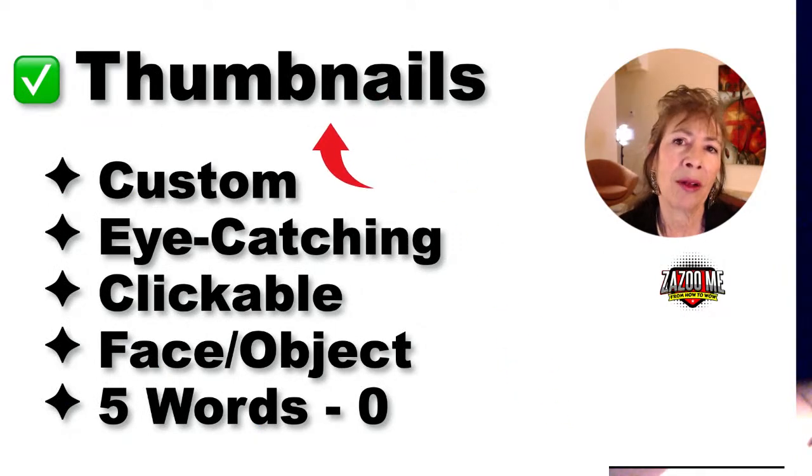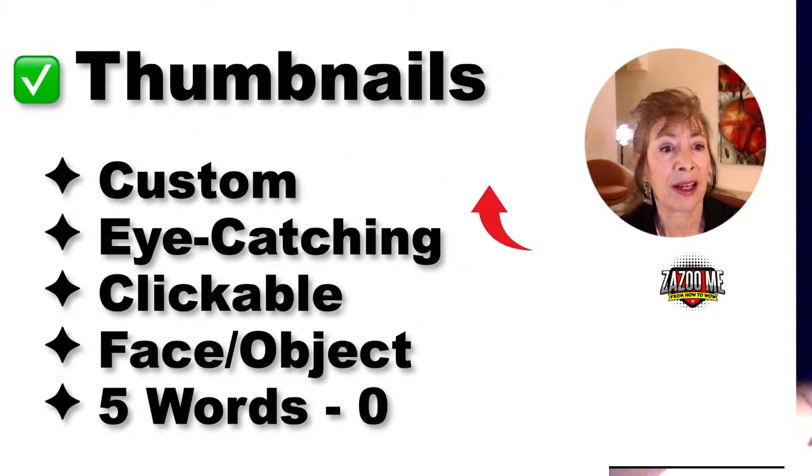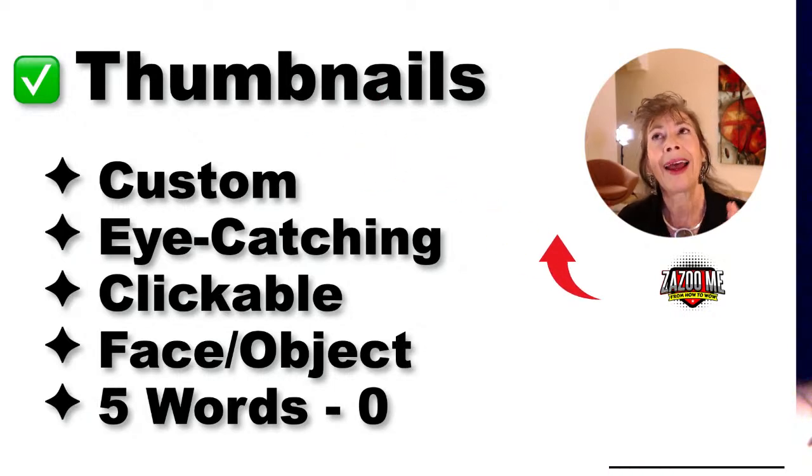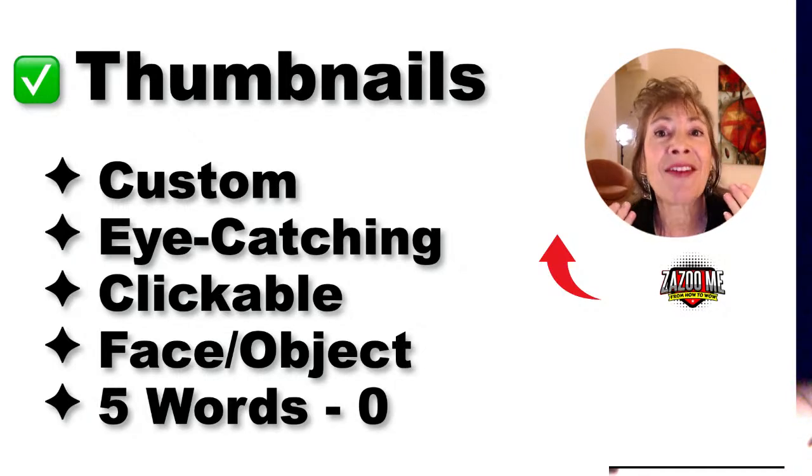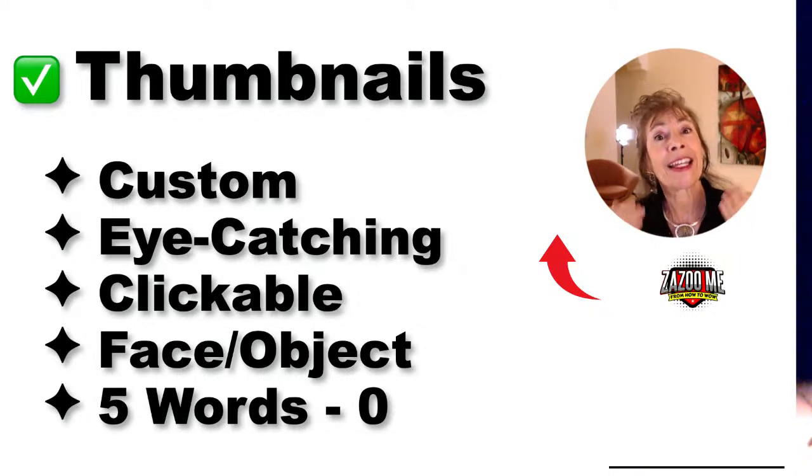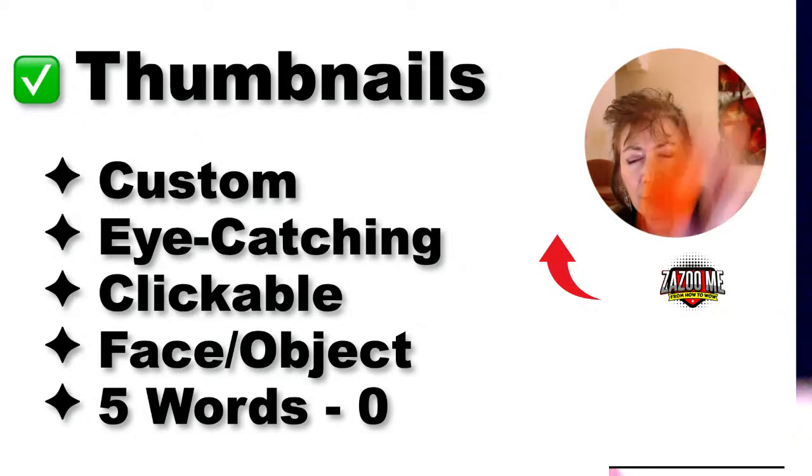Third is, well, the most important thing, your thumbnails. Thumbnails are super important because, number one, they're the main thing that get people to click to your channel. So you want to do a custom thumbnail so it's branded. It's got to be eye-catching. It's got to be clickable. You should have a close-up of a face or at least an object very close up, like that.